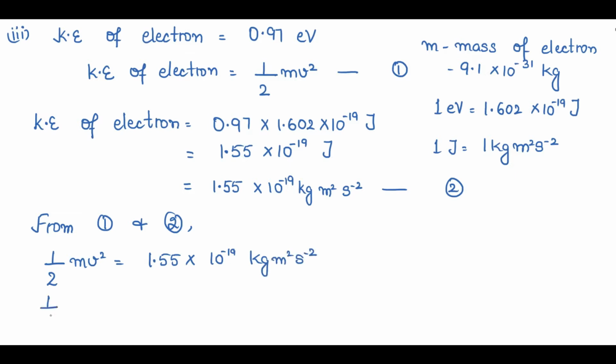So now put the values. Half into m, the mass of the electron, 9.1 into 10 raised to power minus 31 kg, into v square. We have to find the value of the velocity of this electron. This is equal to 1.55 into 10 raised to power minus 19 kg meter square second inverse square.